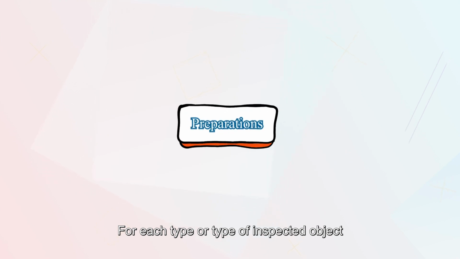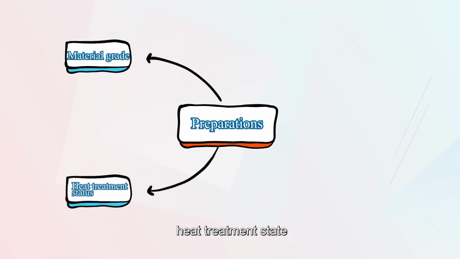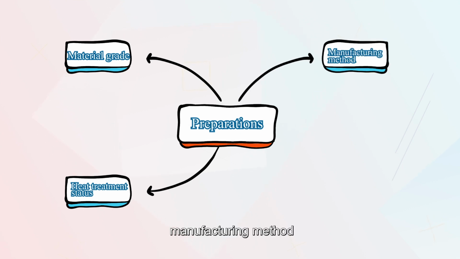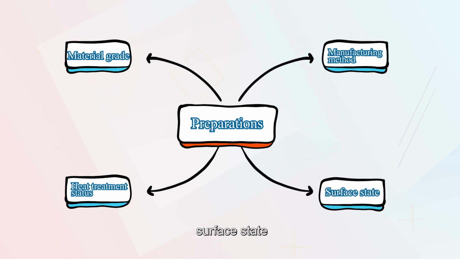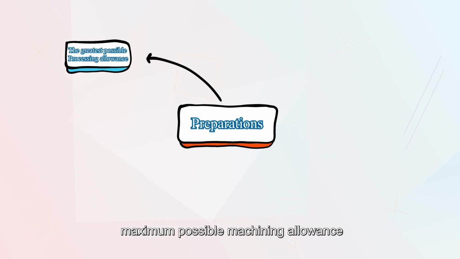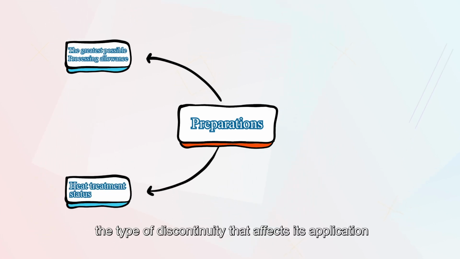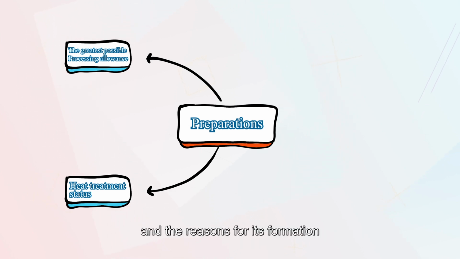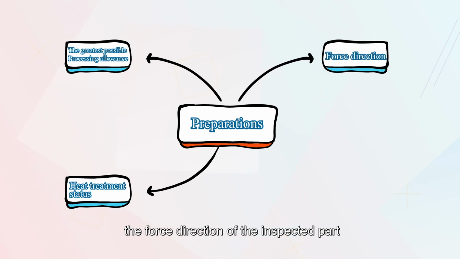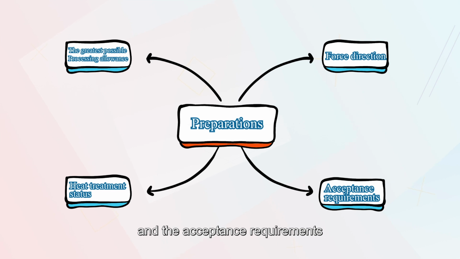For each type of inspected object, the compiler shall provide information on the material grade, heat treatment state, manufacturing method, surface state, maximum possible machining allowance, the type of discontinuity that affects its application and the reasons for its formation, and the maximum possible orientation, size and force direction of the inspected part, and the acceptance requirements are fully understood and written.